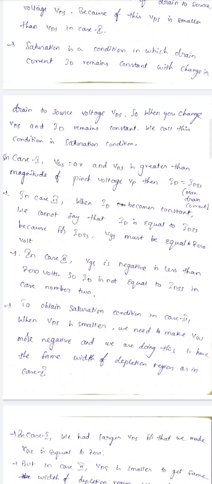So in case 1 we can say that when VGS is equal to 0 and VDS is greater than the magnitude of pinch off voltage, then ID is equal to IDSS. But in case 2, when ID becomes constant, we cannot say that ID is equal to IDSS, because for IDSS, VGS must be equal to 0.